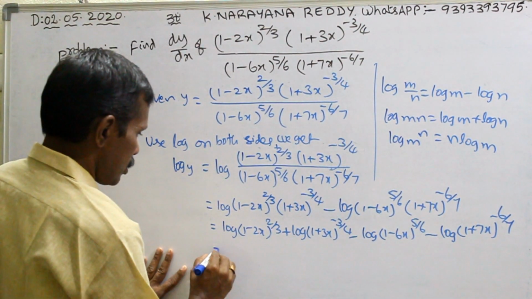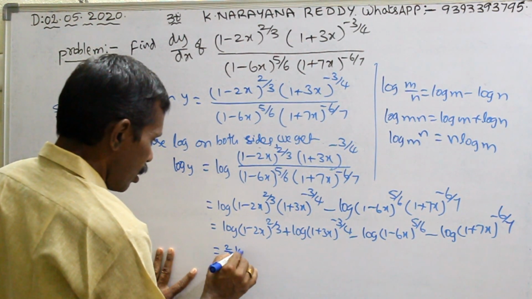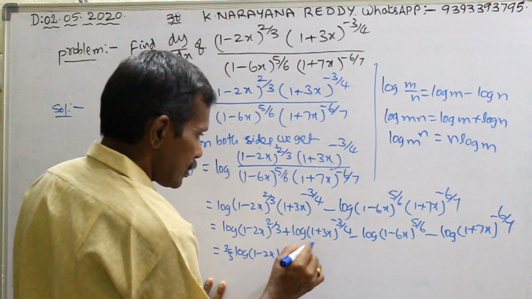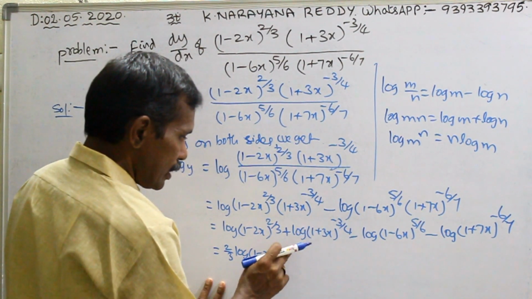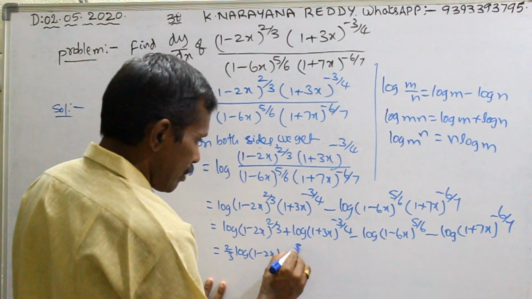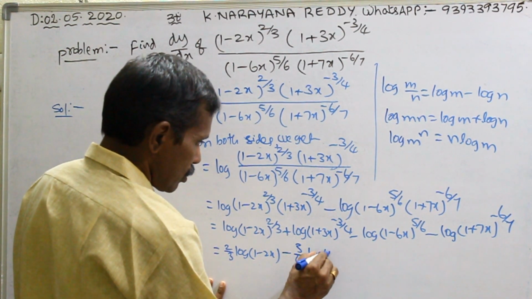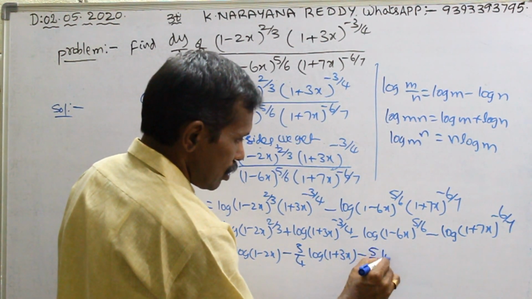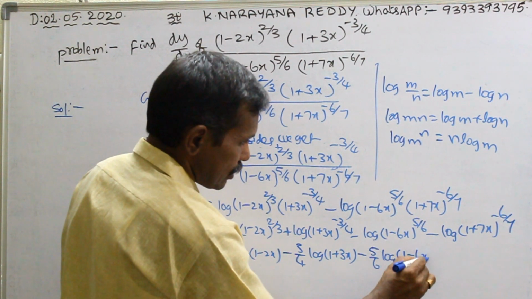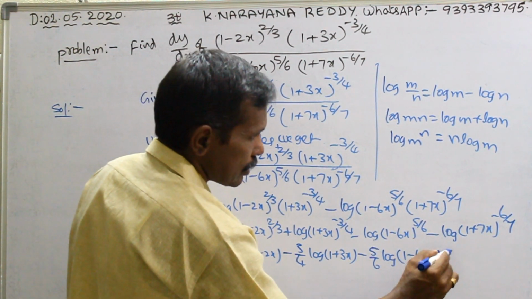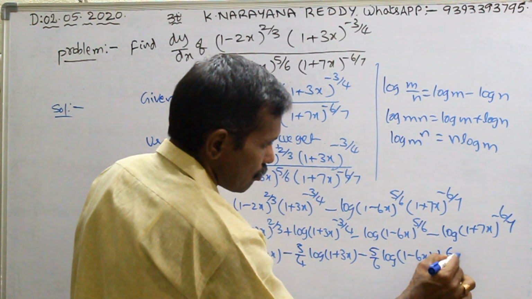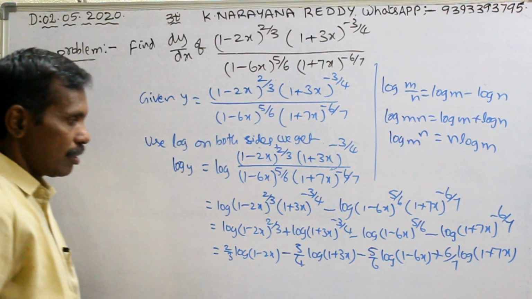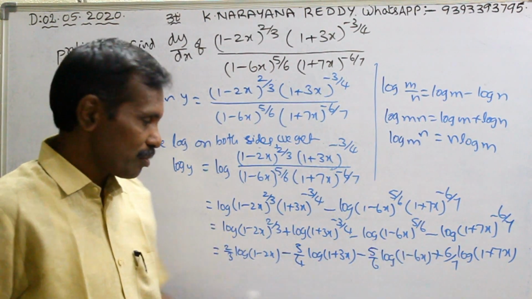Again use the formula. 2 by 3 log (1 minus 2x) plus minus 3 by 4 log (1 plus 3x) minus 5 by 6 log (1 minus 6x) minus, minus into minus is plus, 6 by 7 log (1 plus 7x). Now expansion is over. This is log y.